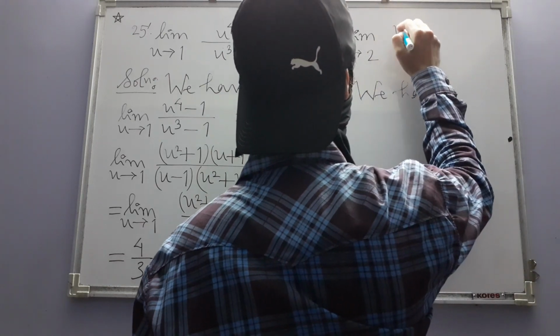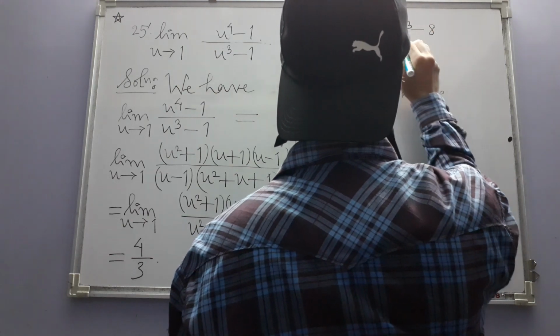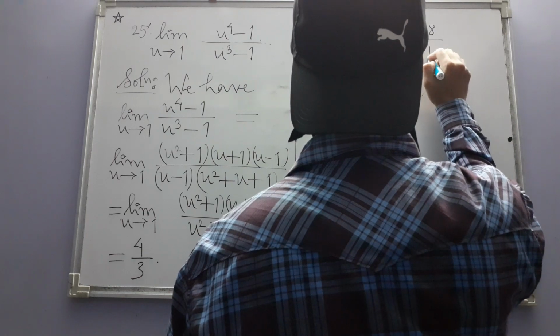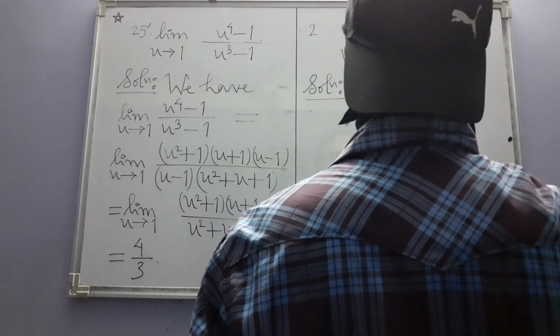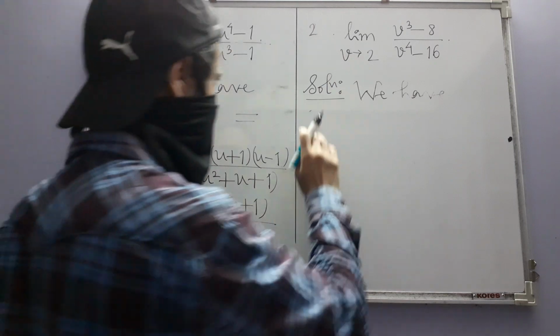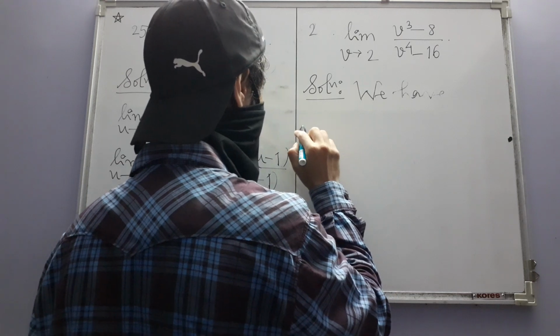So here the function is v cube minus 8 over v to the power 4 minus 16. Okay, a similar factorization like this, again a cubic polynomial and a biquadratic one.